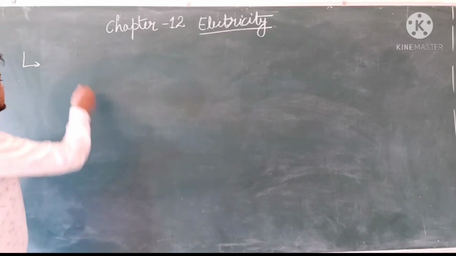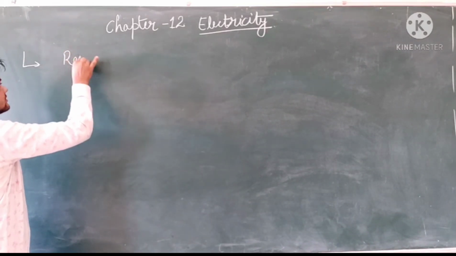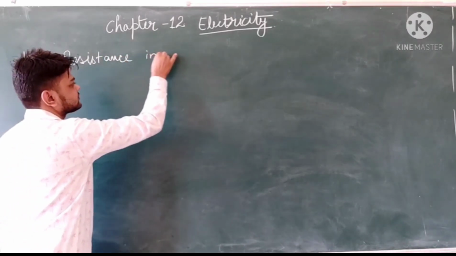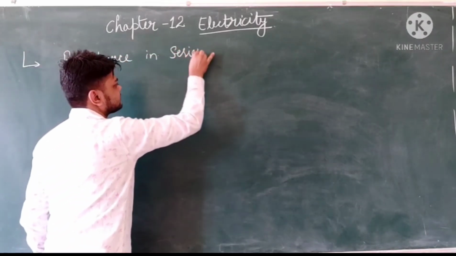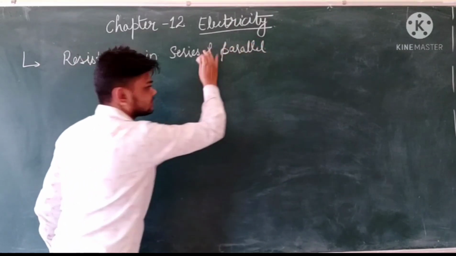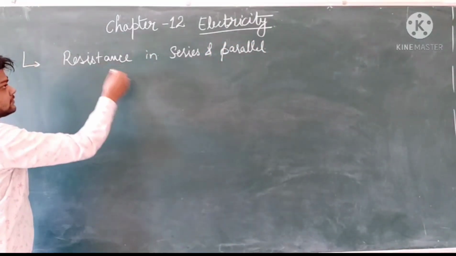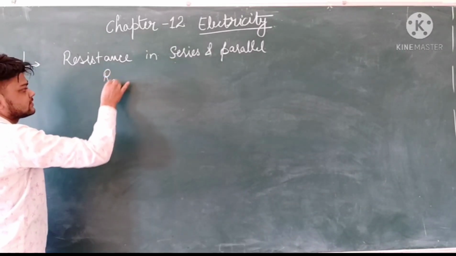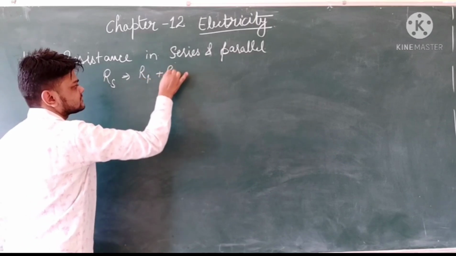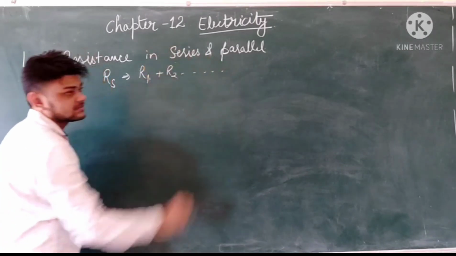We started with resistance in series and parallel combination, where we found multiple equations for such behavior. For resistance in series, it was simply the addition of all the resistances taken in the circuit.